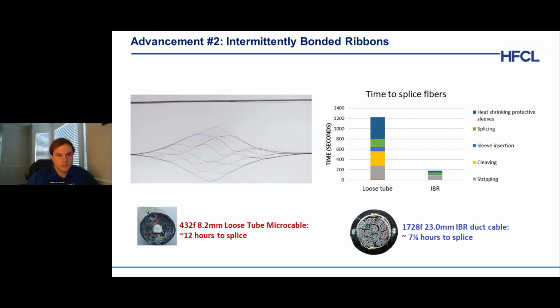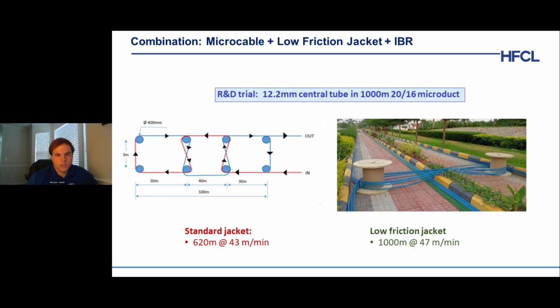Okay, so moving on to the next slide. Looking at this from a blowing performance or jetting performance perspective, the R&D trial that we conducted was a 12.2 millimeter central tube type design in a 1,000 meter 2016 microduct.